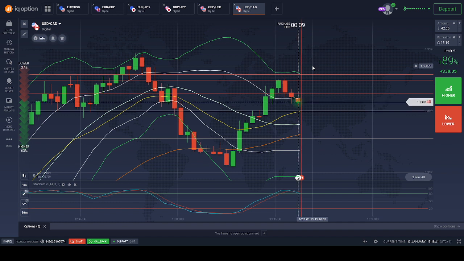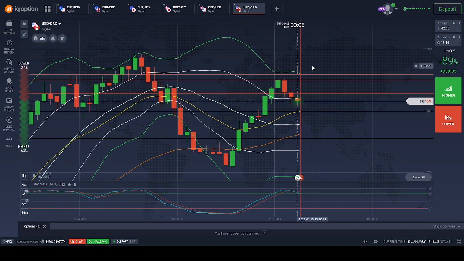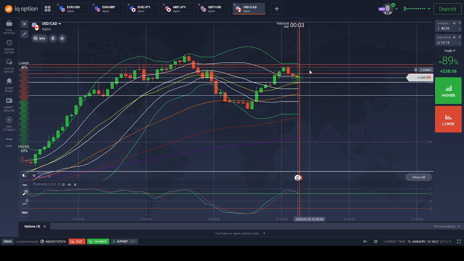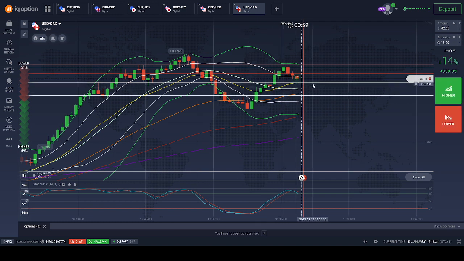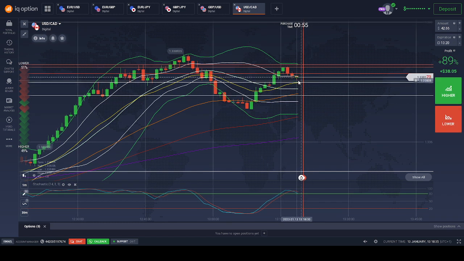But for me, there's no other strong support or resistance area level nearby. The next support level is somewhere this key level in conjunction with 20 EMA.